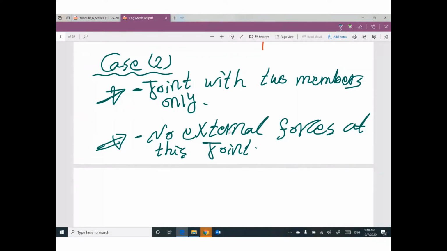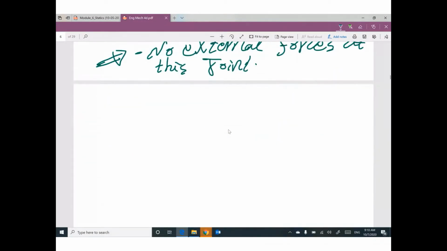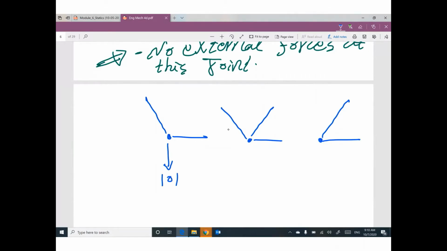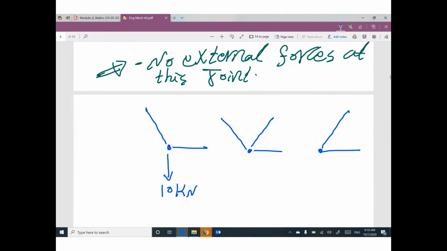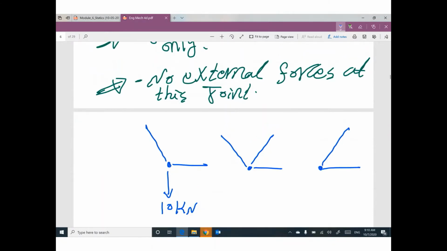For example, this joint, this joint, this joint. What do you think? Let's see. I'm talking about a joint with two members only.